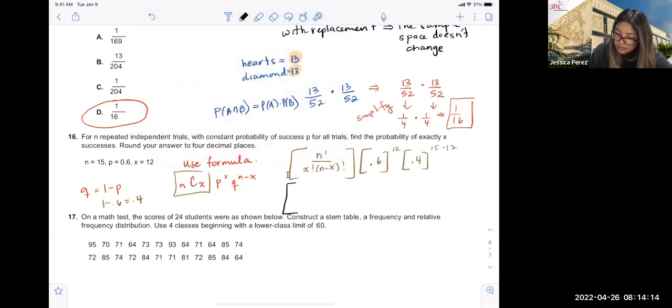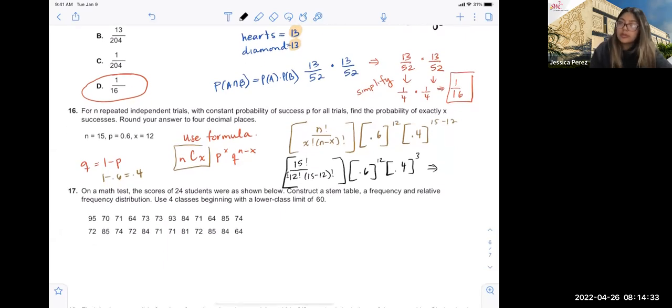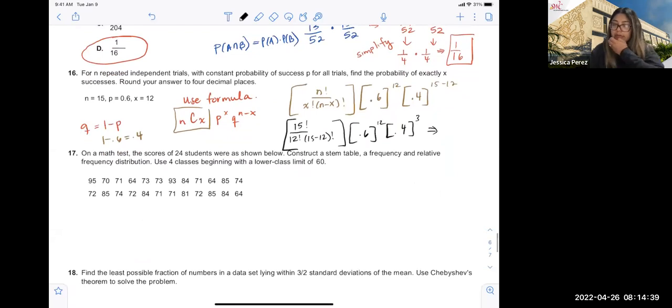So then you have 15 factorial over 12 factorial times 15 minus 12 factorial, and I want to see this work. Then 0.6 to the 12, 0.4 to the third. Now you're going to use your calculator from here. So you have 15 factorial over 12 factorial, 3 factorial.